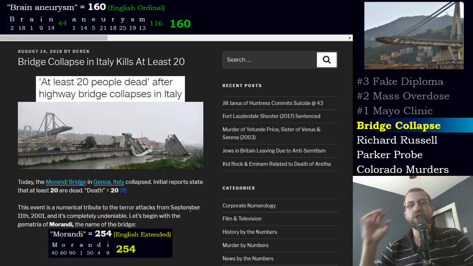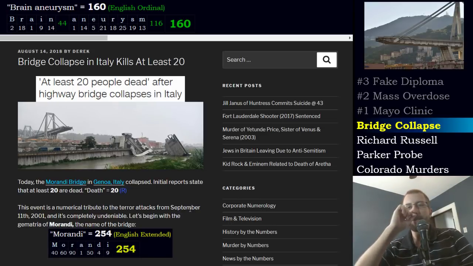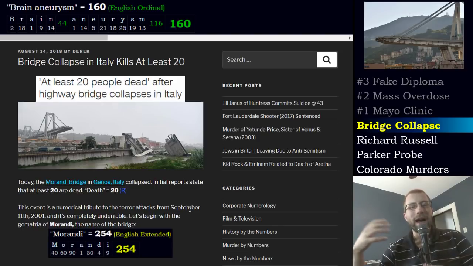Now, there's so many things that this bridge collapse measures up to, but what I'm going to be focusing on in this post is how this event relates to 9/11, the September 11th attacks back in 2001. This to me is the new terrorism that we're seeing. It's not necessarily that we're seeing people go and commit terror attacks, killing others. We're seeing weather warfare by the numbers.